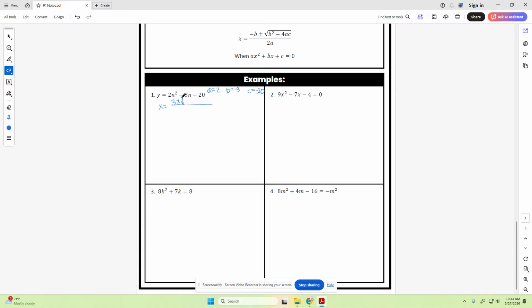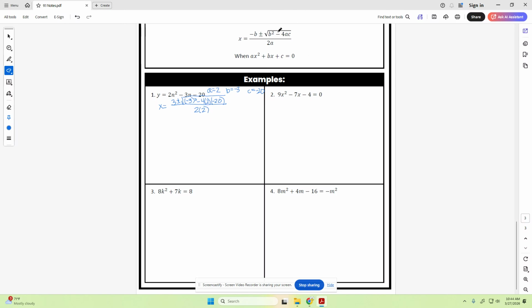The square root of b squared, so -3 squared, minus 4 times a, which is 2, times c, which was -20. And then in the denominator, it's 2 times the a value.